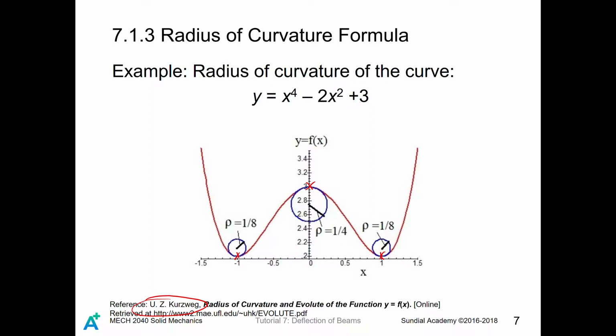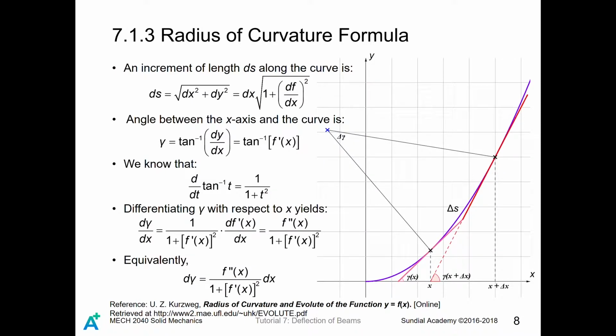Now we are going to derive the radius of curvature formula by considering an increment of length ds along an arbitrary curve. For an arbitrary curve, here we introduce a curve which is plotted in purple color.